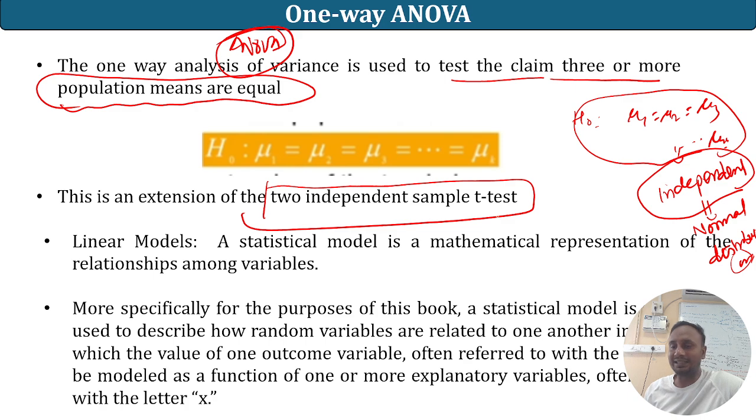The t-test can be applied to two samples only. We can't go beyond two samples. Whenever we have three, four, five samples, we can go with the ANOVA. It will be discussed as a linear model, a statistical model that we represent either way.